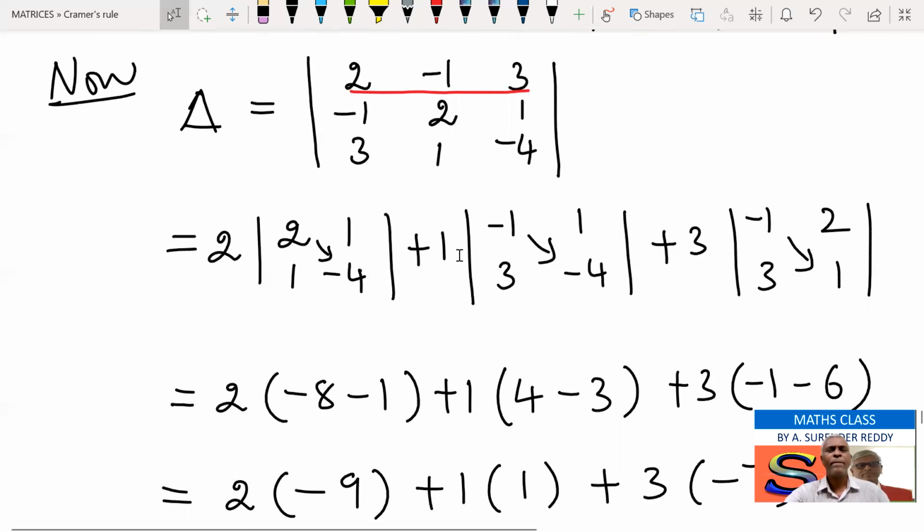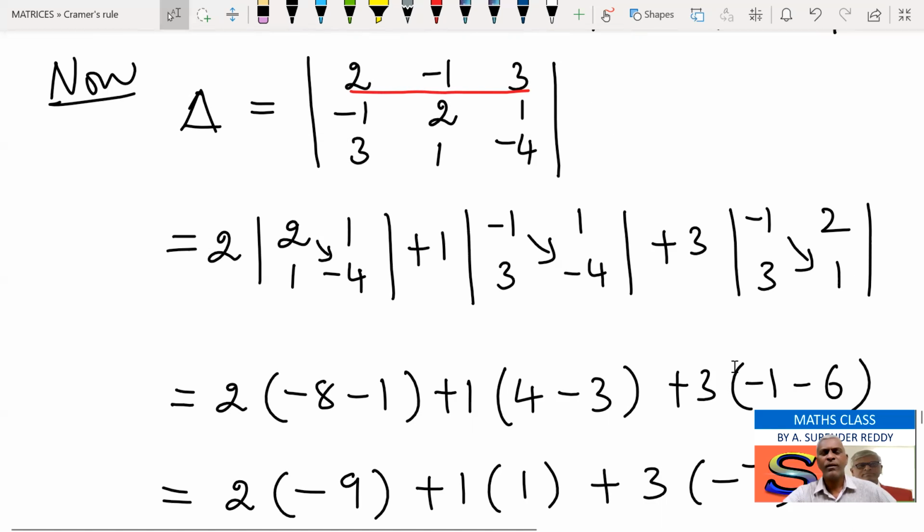So delta: 2 into the remaining four numbers, minus 1 becomes plus 1. So 1 into the remaining four numbers, and 3 into the remaining four numbers.